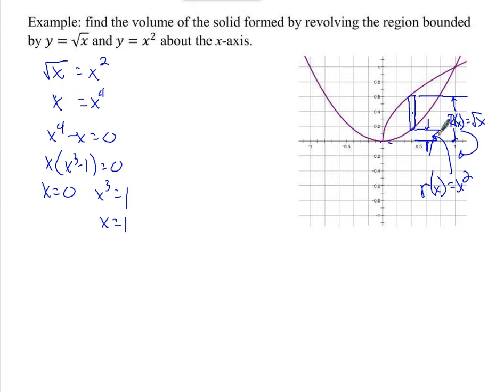So now what? Now set up your integral. Yeah, so V equals pi. Really we're doing pi radius squared height again. Integral from 0 to 1, because those are my bounds. My slider can move from 0 to 1.